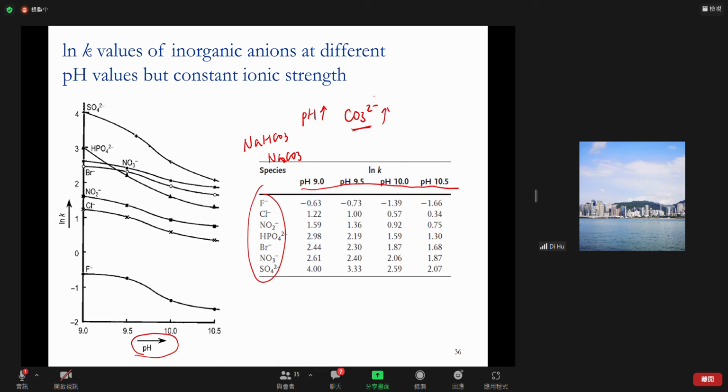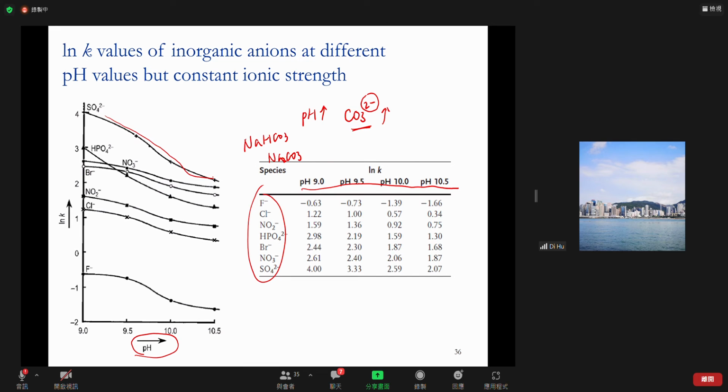Because it's divalent, 2 minus instead of 1 minus, that's why it has strong elution power. So that's why the K values of those ions here decrease.